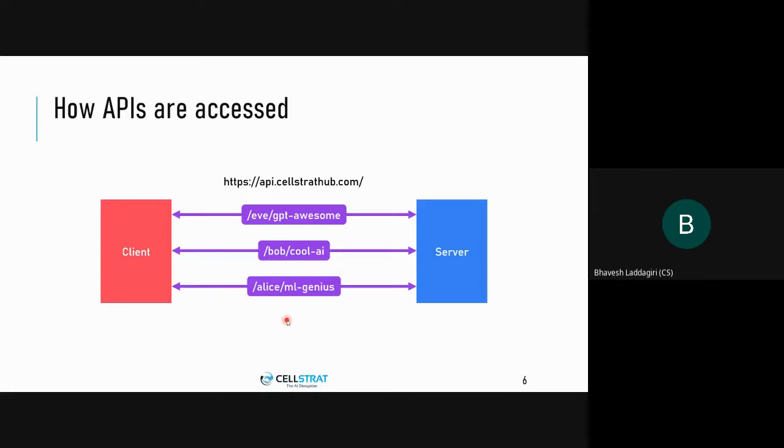But 99% of the time, AWS doesn't go down. Even if it does, it comes back up within an hour or a few minutes. So I hope that answers your question.